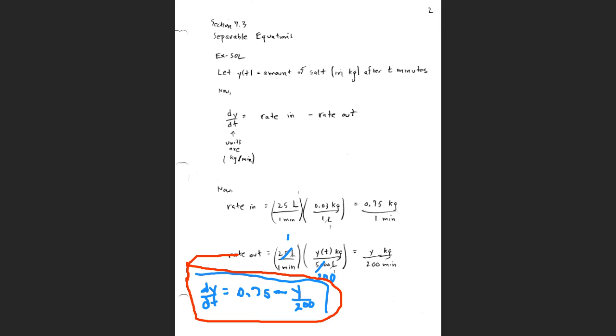The brine enters the tank, and then it's mixed into the tank, and then the solution leaves the tank at the same rate. So there's always 5,000 liters in the tank, but the concentration of salt in the tank is going to change over time. All right, so here's our differential equation.